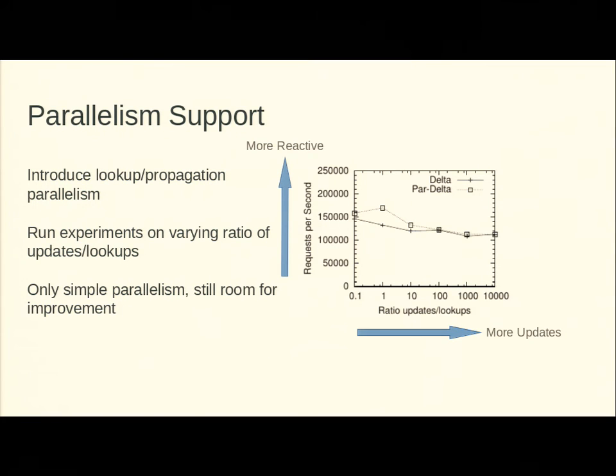So there's still room for improvement. However, when there are roughly the same amount of lookups as updates, which is when we do parallelize, we can get some speedup. In other areas, there's really not that much opportunity, since either too many updates are happening compared to lookups, or not enough lookups are happening compared to updates.